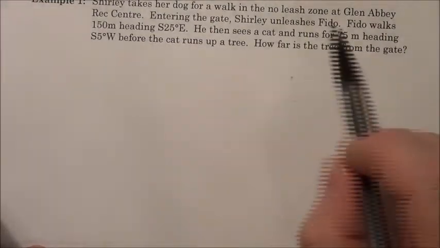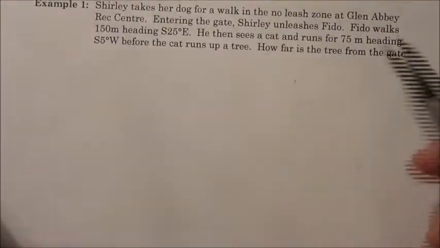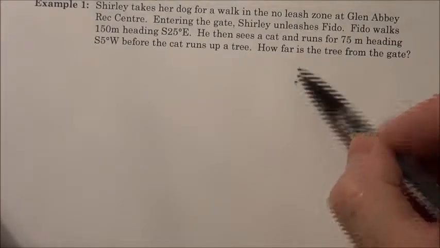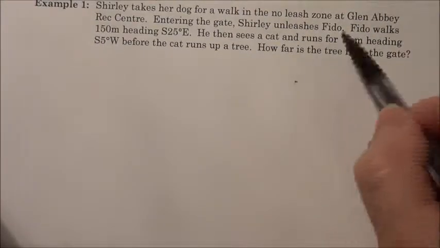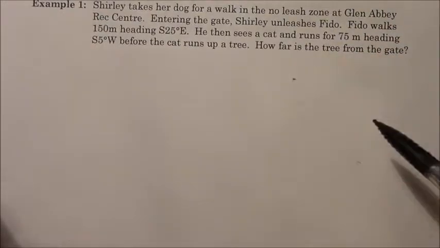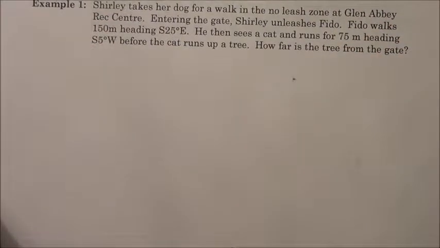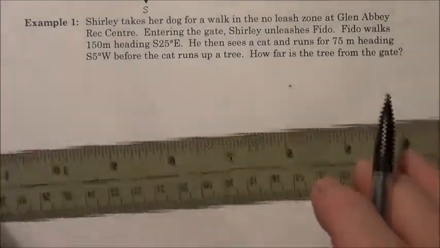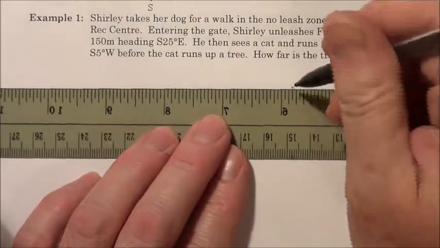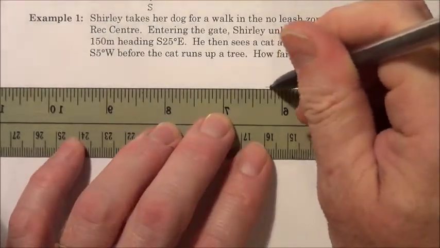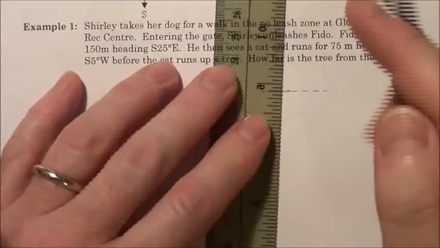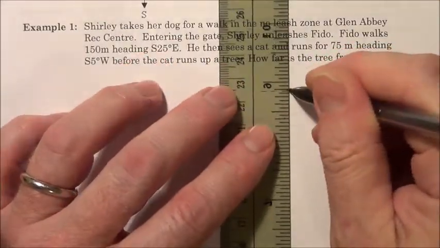If, however, the problem was talking about going north, you don't want to start the problem up here, because if you go north, you're going to be running into the problem and into further work up above. So you want to be a little bit strategic in where you draw the gate and the compass rose. So I always like to start off with a little compass rose here, just so I've got some sort of a place to start.